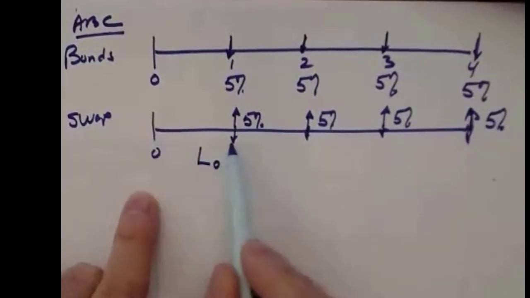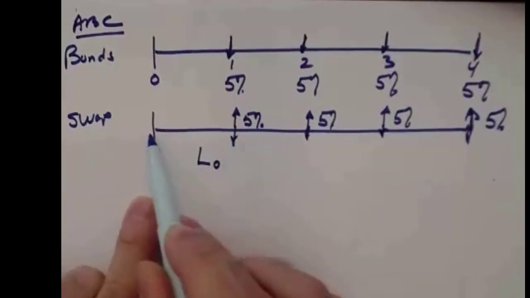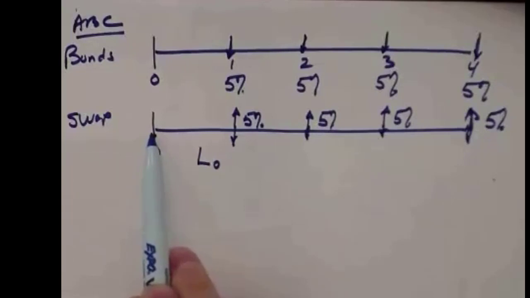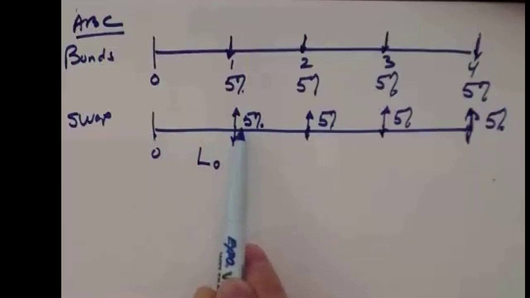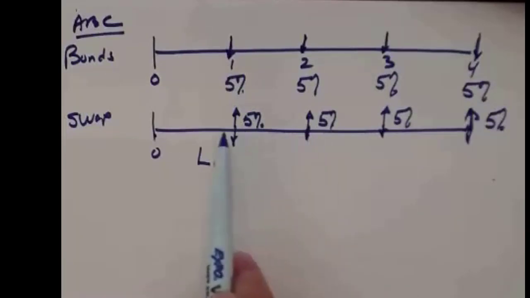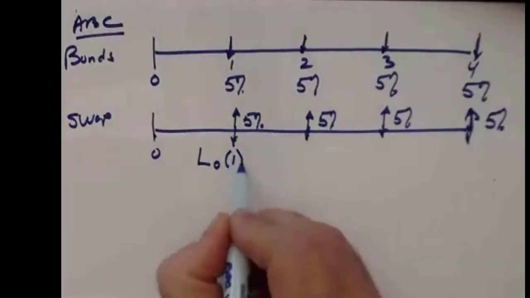So the LIBOR rate that gets paid here is determined at time 0. It's what I referred to at the beginning of the notes, set in advance and settled in arrears. So the payments are set at this period and paid one period later. That's set in advance, paid in arrears. And then there'll be another payment that gets made here, and that will be set at time 1, and so on. So now let's finish up with this notation.